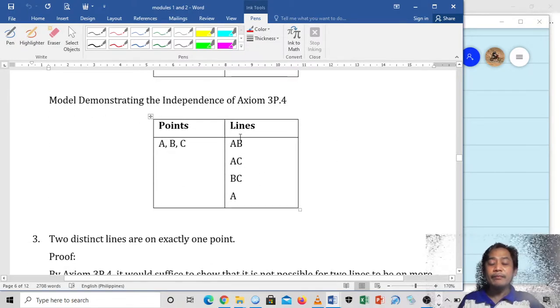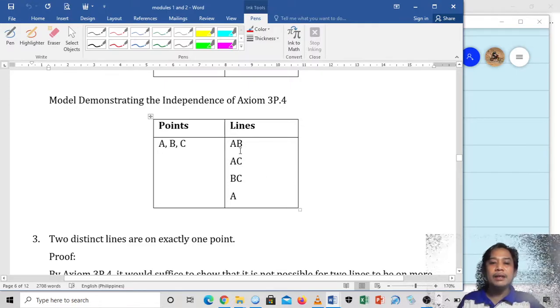Lastly, in this model, we have three points, A, B, and C. The lines are AB, AC, and BC. Now, examine the four axioms. Axiom 1 is true because there are 3 points. Axiom 2 states that each pair should be in exactly one line.